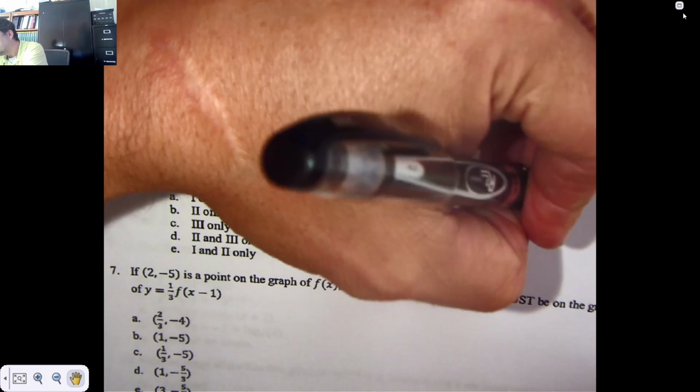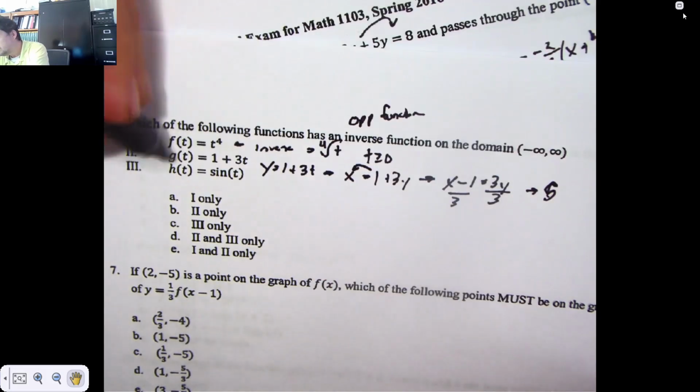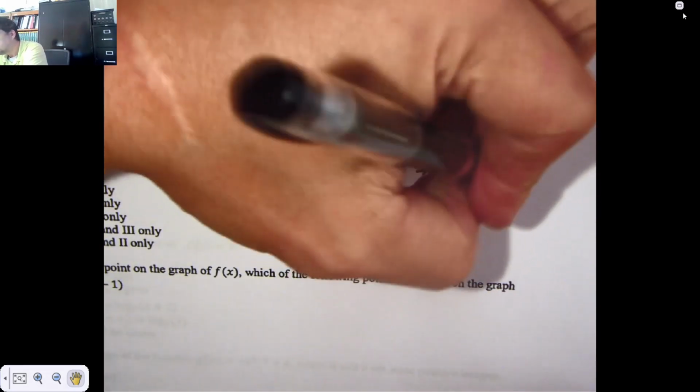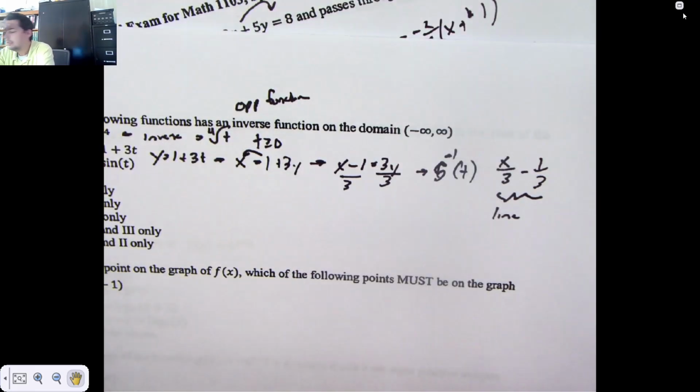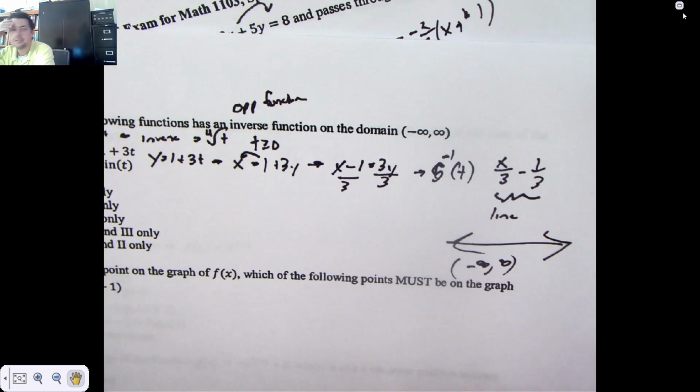And I'm going to get that the inverse of g sub t is x over 3 minus a third. And this is still a line. The inverse of a line is still a line. Lines go on forever. They go from negative infinity to positive infinity. So choice 2 for sure.